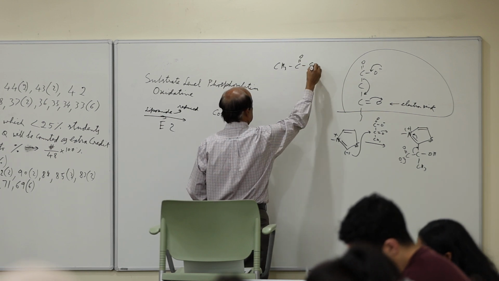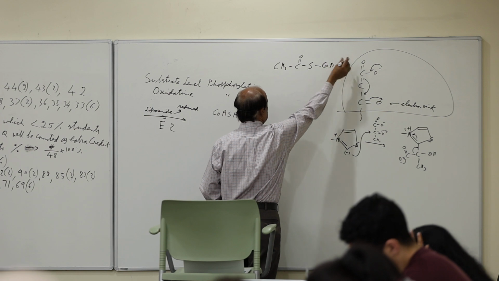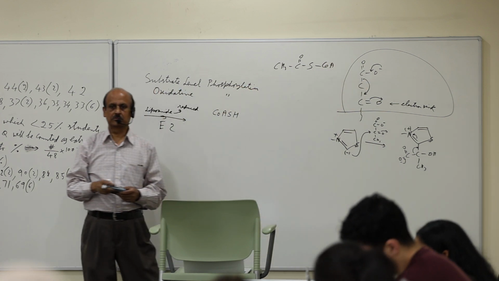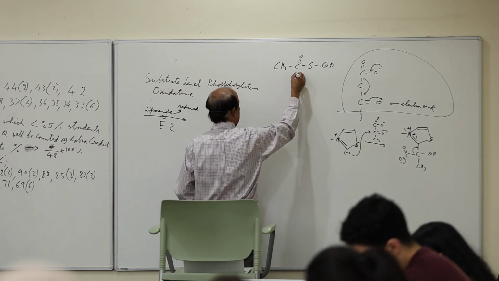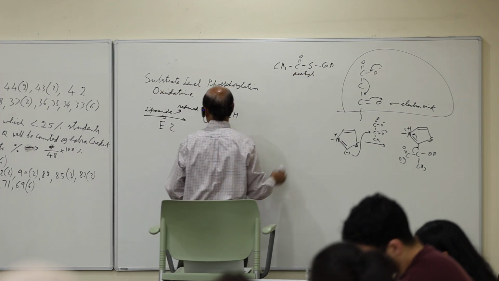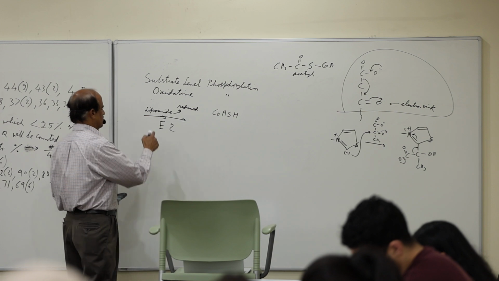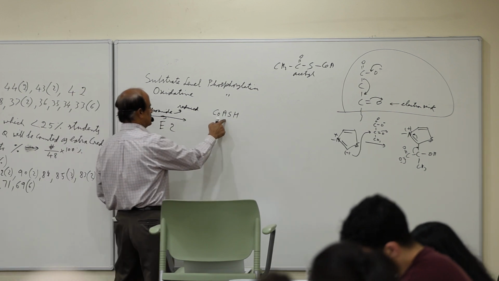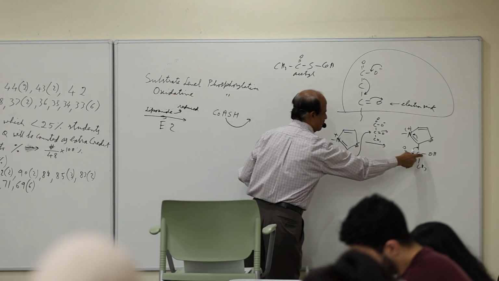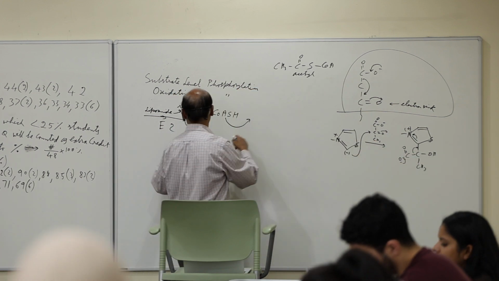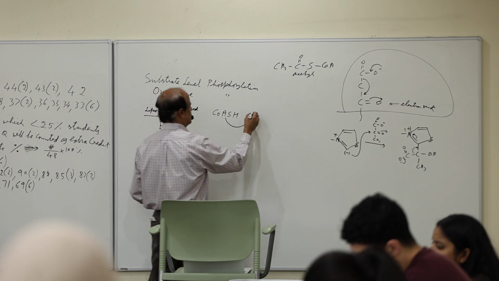So this will be S, then followed by CoA, which is a very large molecule. So this is your thioester. This will be the acetyl-CoA, and this is your final product. The acetyl group is transferred to CoA. Remember, this is the acetyl group, 2 carbons, and that is now oxidized by this, so that gives you acetyl-CoA.